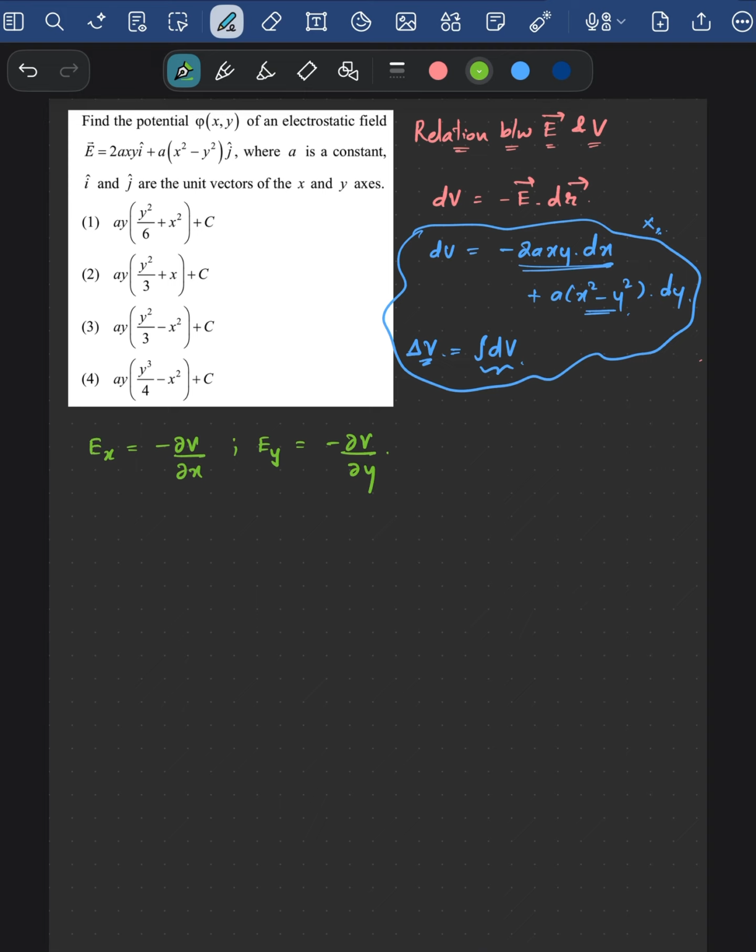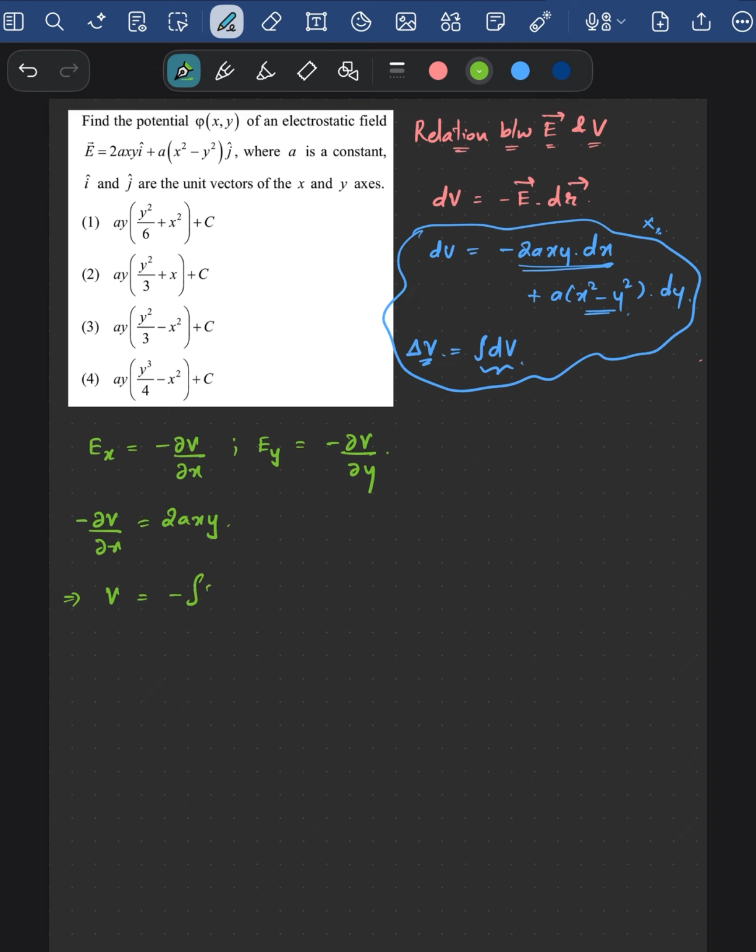So let me go ahead with this. Let me assume your potential to be a function of x comma y, and I know potential will be a function of x comma y over here because your electric field also varies only with x and y. Then can I write minus dou V by dou x is equal to your x component of field, which according to this question is 2axy. So from this, what will potential be equal to?